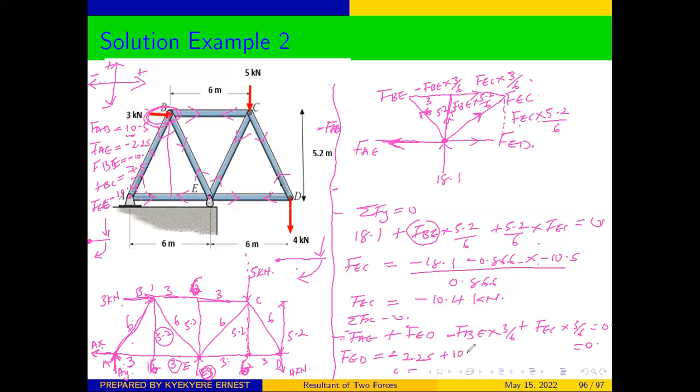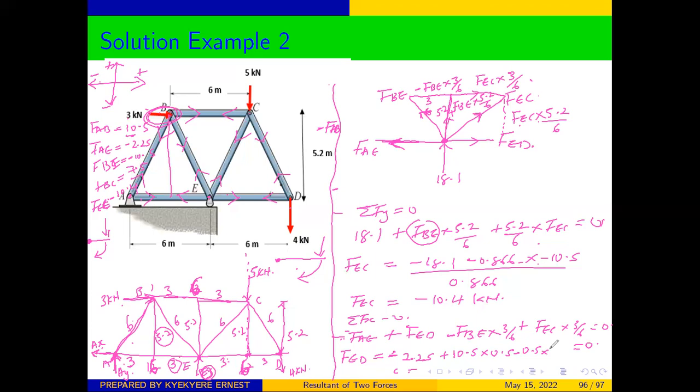So you are going to get 10.5 times 0.5. And then the last one, which is FEC, which you have calculated, 0.5 times 10.4.